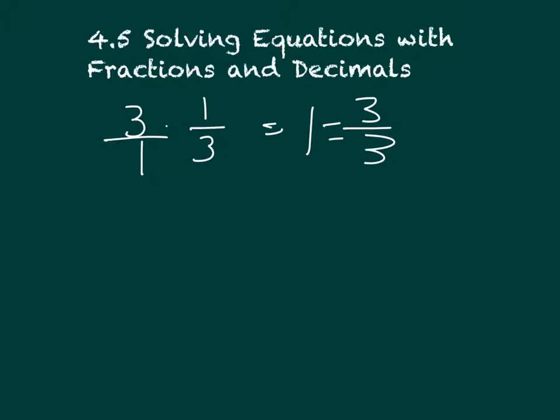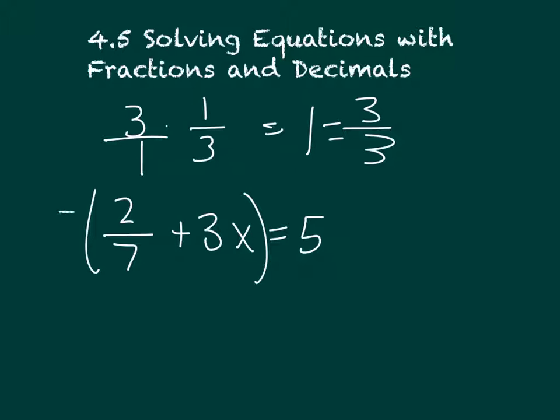Okay, so if we look at our first problem, we have 2/7 plus 3x is equal to 5. Now when I look at this equation, the first thing that I want to do is get rid of that fraction. So in order to do that, I am going to multiply the entire equation by 7. I multiply this side by 7, and I also multiply the right side by 7.